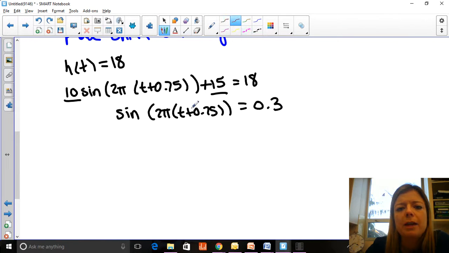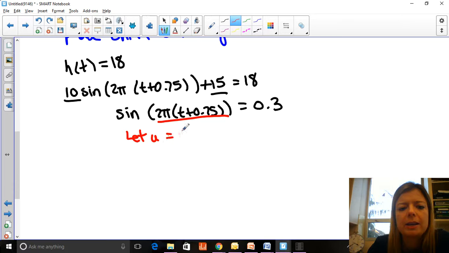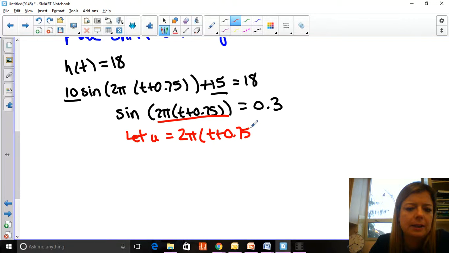Now, if you remember from last year, we can't do anything with this because it's called an argument. So we're going to let u be equal to whatever the argument is. In this case, it's 2π(t + 0.75). Now, we're looking for t between 0 and 3.